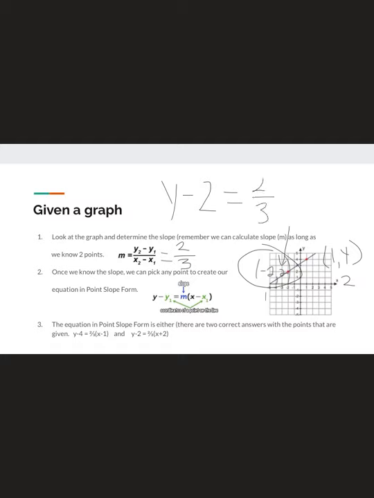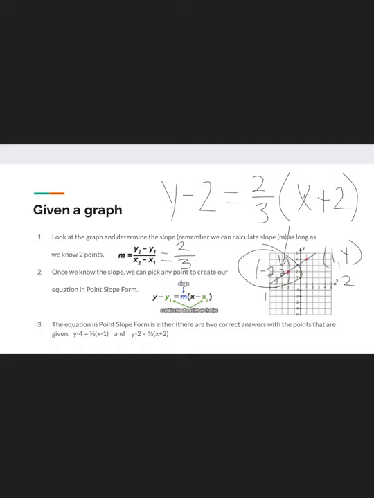We figured that out up here, times my x minus my x1, which in this case is -2, just like up here. If I subtract the -2, it's really adding 2. And this is my equation in point slope form.